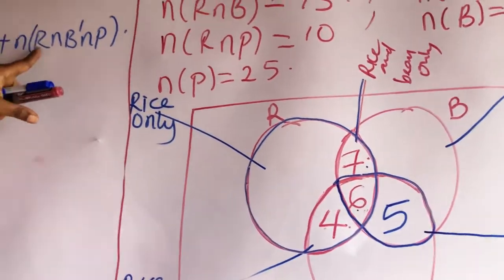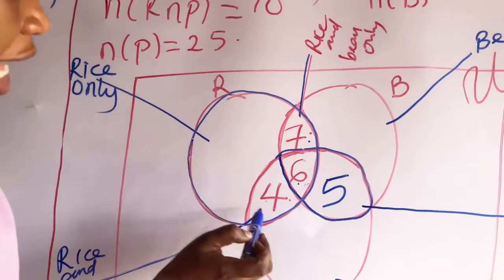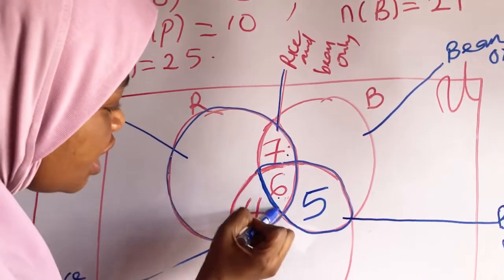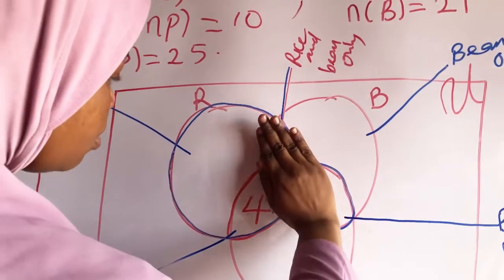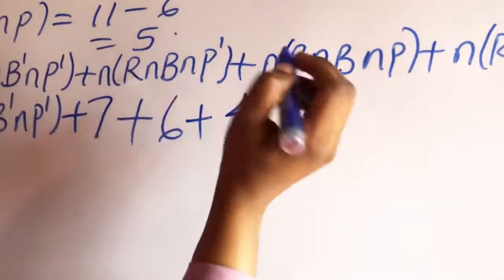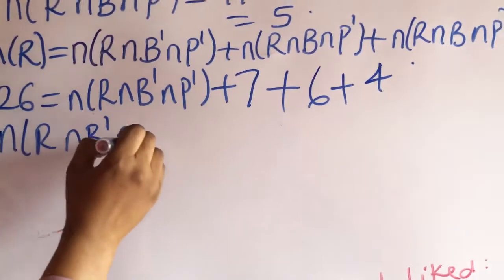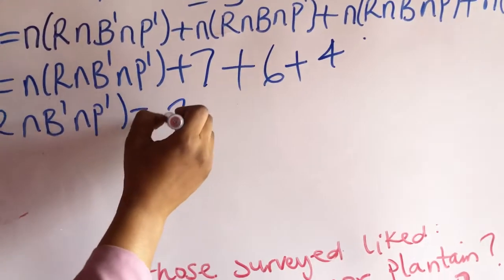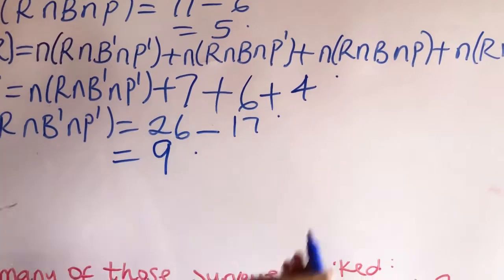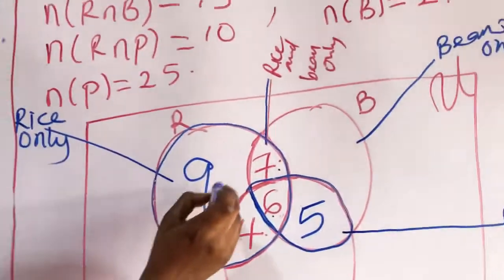That is rice and plantain, but not beans. You can see that it doesn't have anything to do with B at all. So rice and plantain only is equal to 4. So rice only will now be equal to 26 minus 17, which is 9. So let's write it. So this is 9.